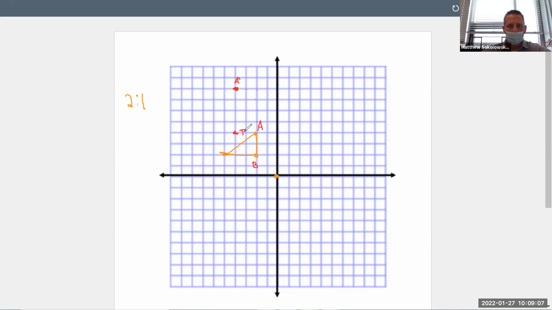There is B prime. That shows the transformation. Here's C. Up 2, left 1, 2, 3, 4, 5. Do it again. Up 2, left 1, 2, 3, 4. There's C prime.